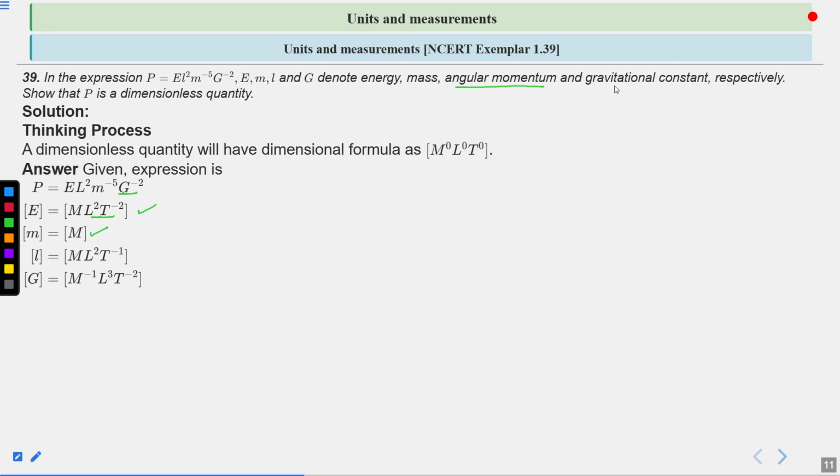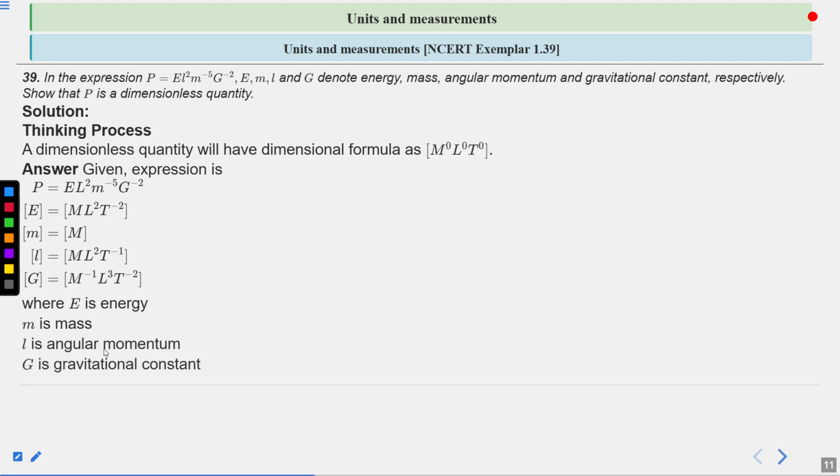And the dimension formula of gravitational constant is M inverse L cube T raised to the power minus 2. Where E is energy, m is mass, L is angular momentum, and G is gravitational constant. So these are the given expressions in this question.